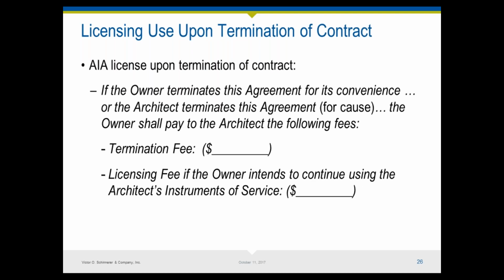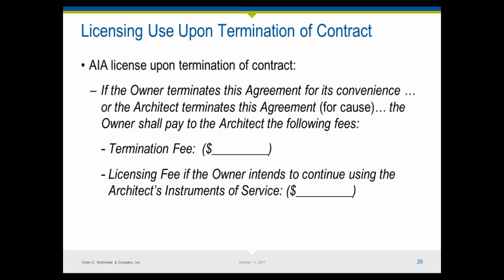Now, the part that I mentioned, the Article 9 language in the new AIA 2007 Owner-Architect Agreement changes what happens in the case of a termination. What it really tries to do is to get owners and architects up front to set a termination fee and a licensing fee.